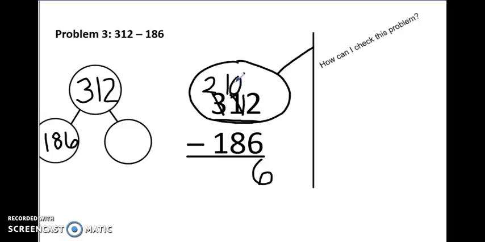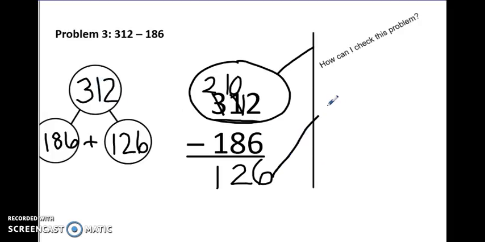Now do our subtraction. 10 minus 8 equals 2. And now I finish by doing my hundreds. 2 minus 1 equals 1. My missing part is 126. But now we're going to add our two parts up to make sure that we did our subtraction correctly.